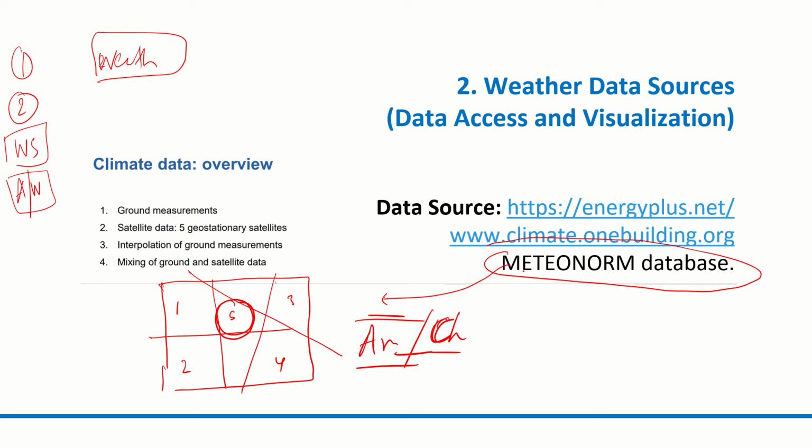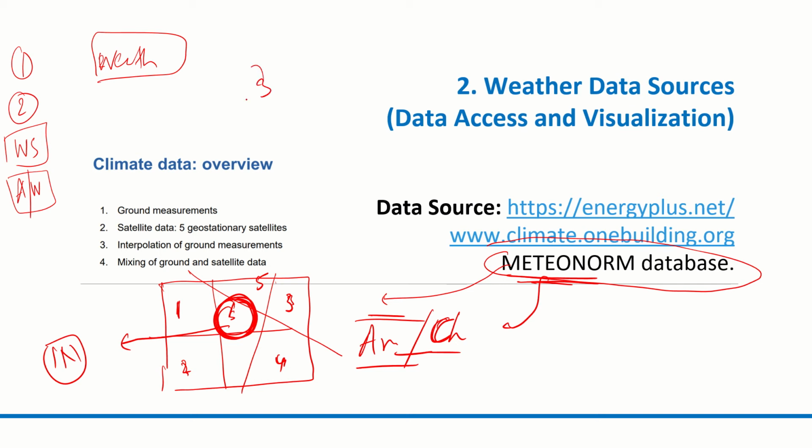We have a tool called Metronome. It interpolates the weather files of the closest 5 weather stations, and then we get interpolated data for the particular site. We can also use that. That is also acceptable in research and in the commercial aspect as well. That's the second part.